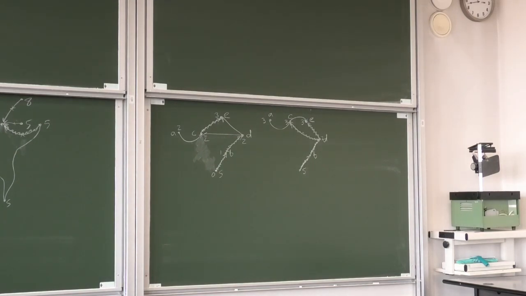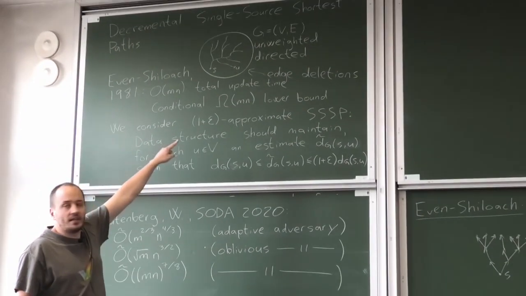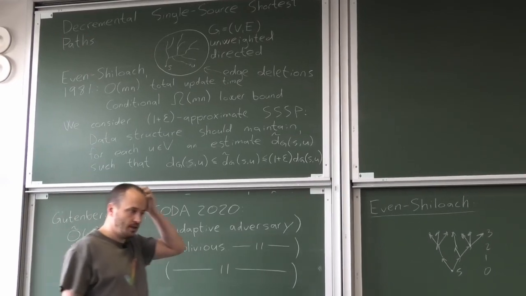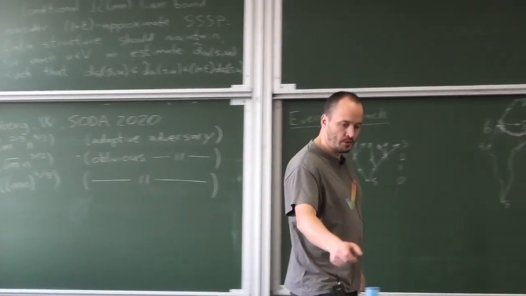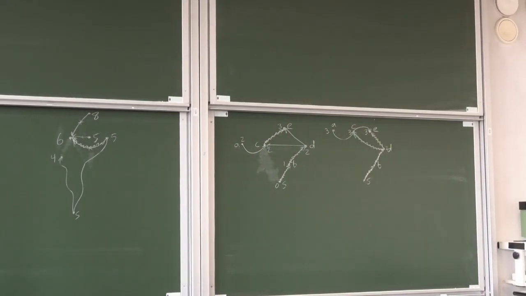So now the question is, why do we get this O of mn total update time? Do you see that? I'll give you a moment to think about why this algorithm runs in O of mn time.